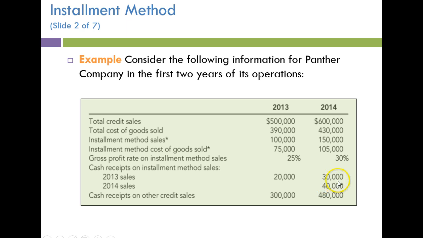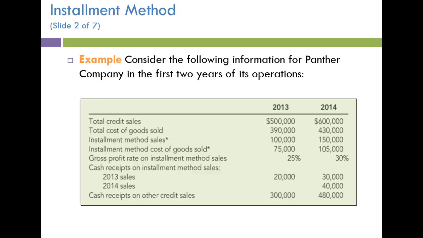Even though that money came in 2014, it's for the installment sale that occurred in 2013. Then for 2014, they received $40,000 in money on the installment sale that happened in 2014. So on this $40,000, 30% of that's going to be profit. Make sense? How many of you are following me right now? Do you want me to say it again?